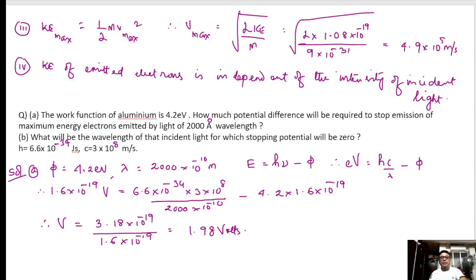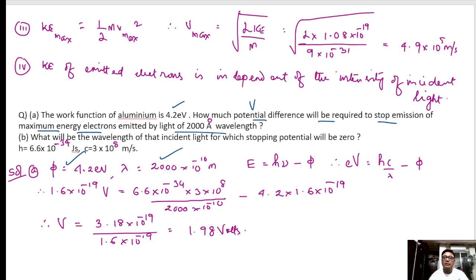As you can see here, the work function of the aluminium, phi naught, is given to us, and they are asking how much potential difference V will be required to stop emission of the maximum energy electrons with the light of this. So we know the work function and the incident wavelength are given to us.